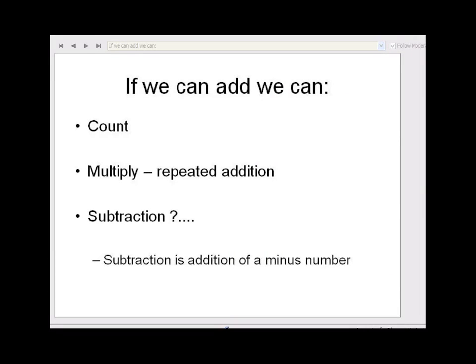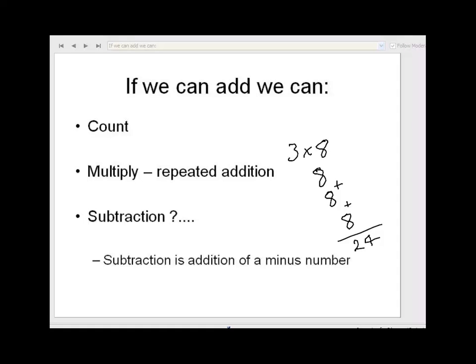Now, if we can add, we can count, because counting is simply adding 1 each time. If we can add and we can count, then we can multiply, because 3 times 8 is actually 8 plus 8 plus 8, and it's 24.